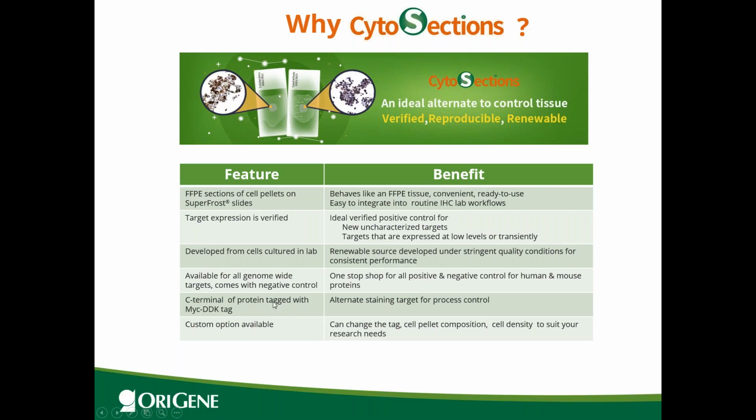It has the C-terminal of the protein tagged with a MYC-DDK tag, thus offering you an alternate staining target for process control. And a custom option is available. That means you can change the tag, or change the cell pellet composition, or change the cell density to suit your research needs. It's a highly customizable product.